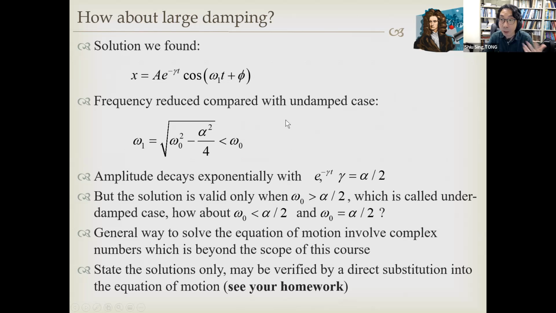And after that, we will consider forced oscillation, a simple harmonic motion with damping and under the action of a periodic external force. And we'll talk about the phenomenon of resonance, how when the frequencies match, the system absorbs a lot of energy from the surroundings and oscillates violently. So we are going to talk about that in the next lecture.